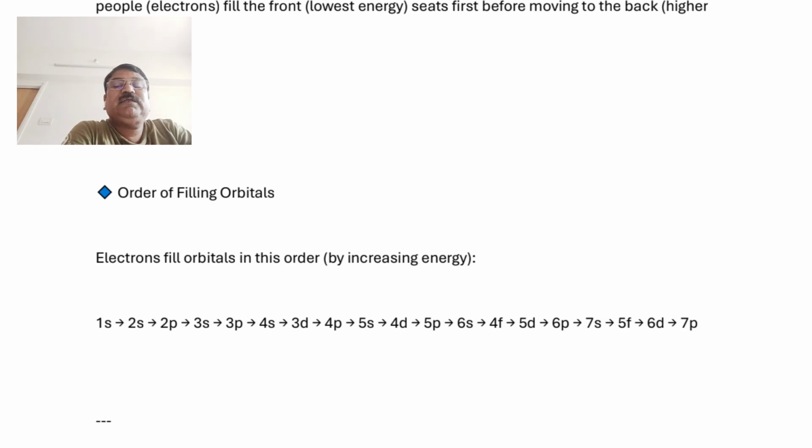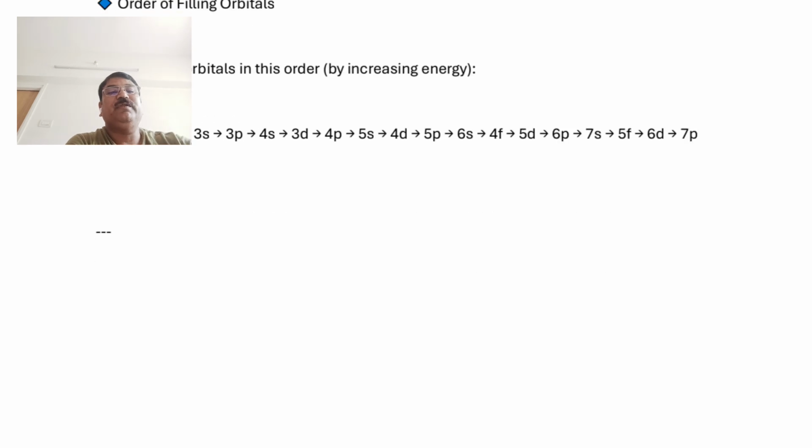Next atomic orbital is 2s, 2p, then 3s, 3p, 4s. Up to this, clear? Then 3d. There occurs a specific special effect. Remember that after 4s there is 3d, then 4p, again 5s, 4d, 5p, 6s. So this is the sequence by which the filling of electrons takes place according to the above principle.